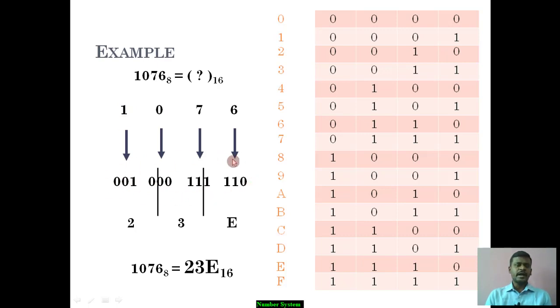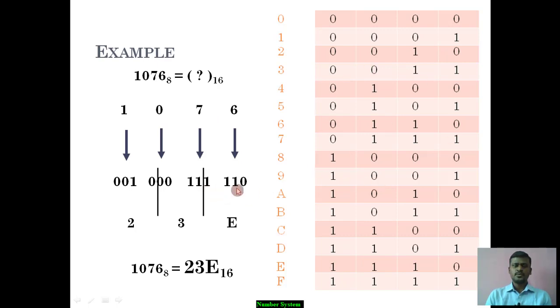Once we get the binary numbers, we group them into 4 bits in each group, like 1110, 0011, 0010, and from these groups we find the hexadecimal value from the hexadecimal table.